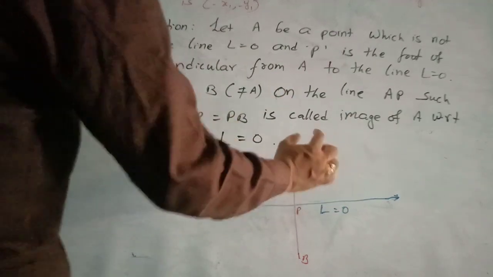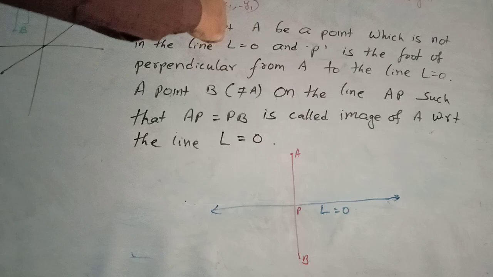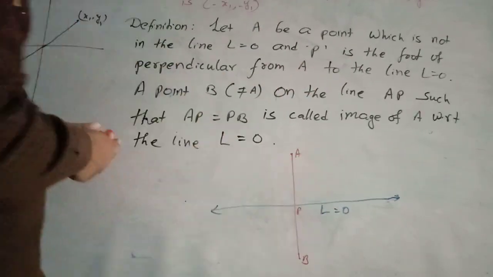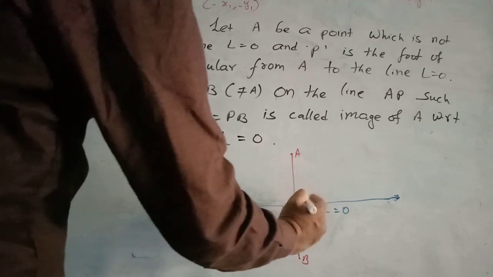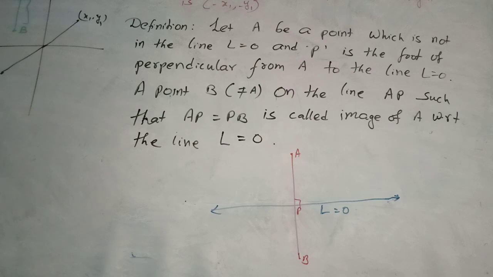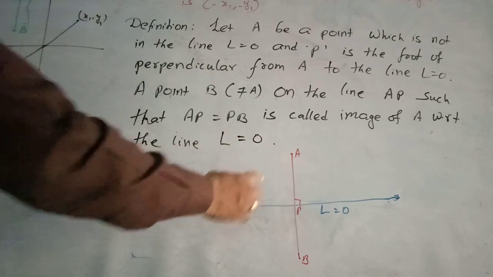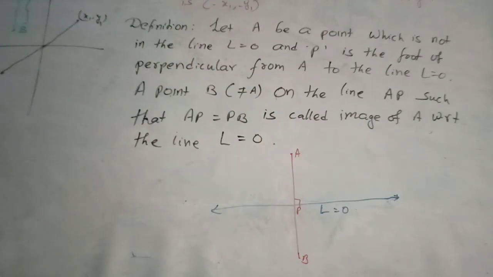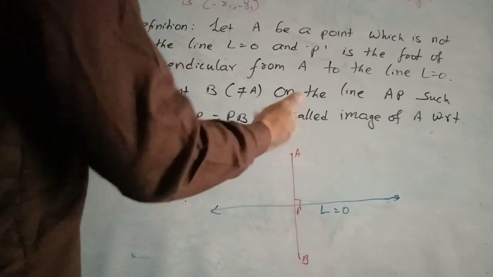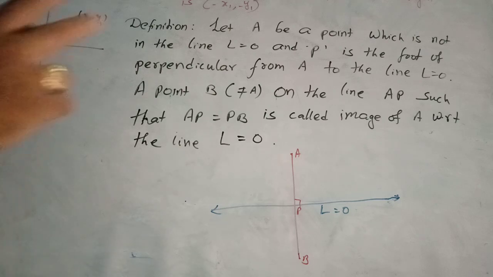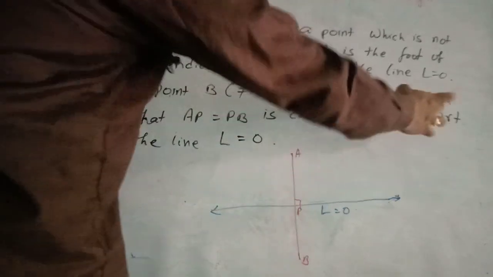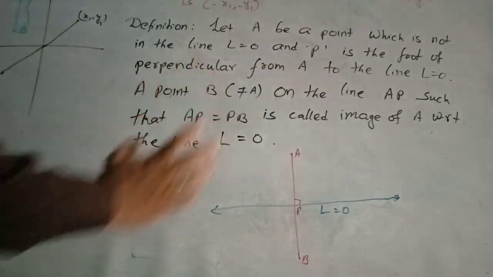P is the foot of the perpendicular from A to the line L equal to 0. On this perpendicular we get the foot P. A point B on the line AP such that AP is equal to PB is called the image of A with respect to line L.